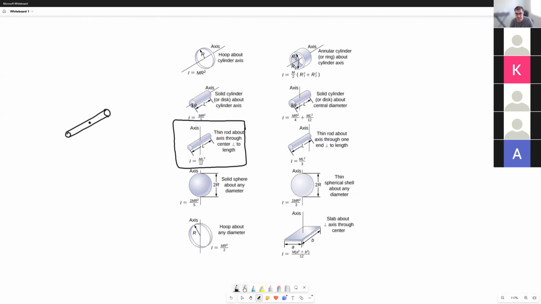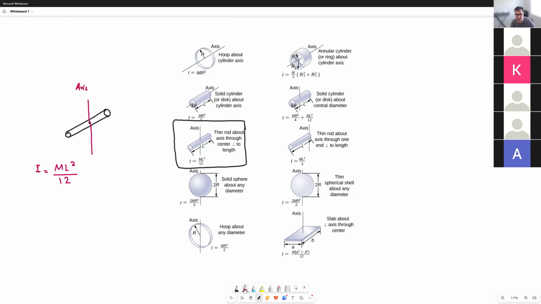Now, if the axis of rotation is passing through the center of mass, this is the axis of rotation. If you know the moment of inertia about this axis, let's say it's m l squared divided by 12, then you can find the moment of inertia about any axis that is parallel to this.